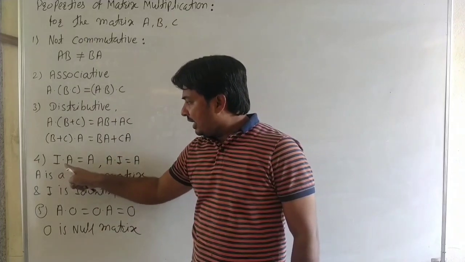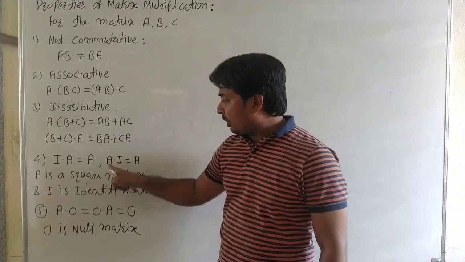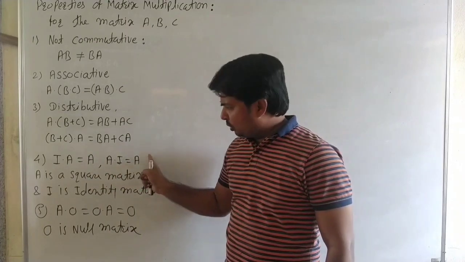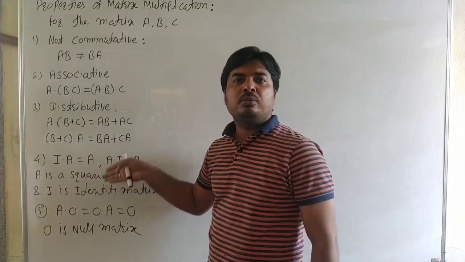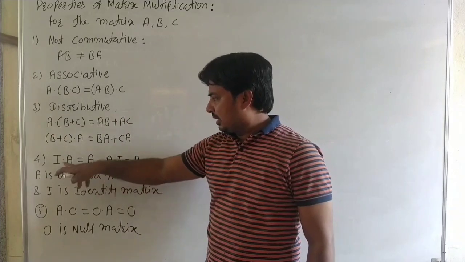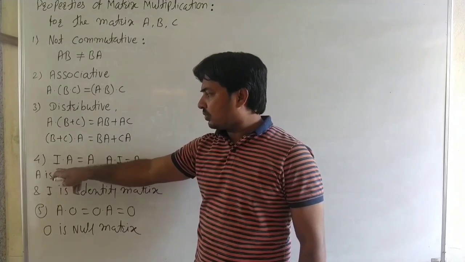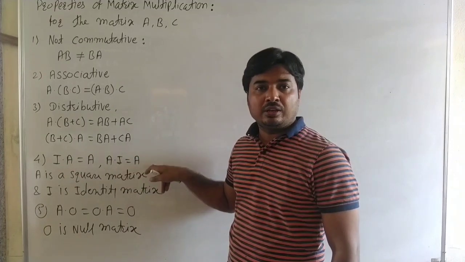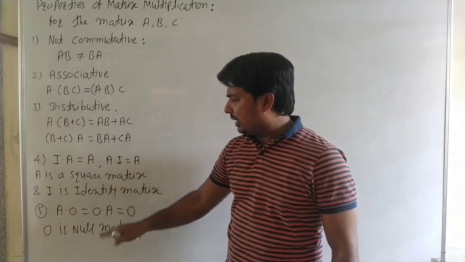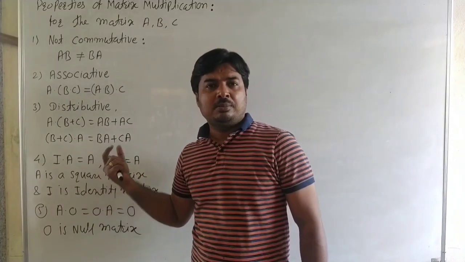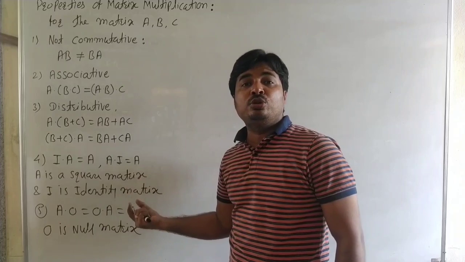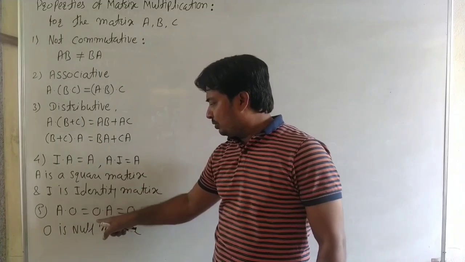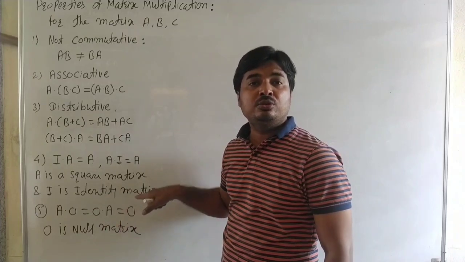Here I into A is equal to A, or A into I is equal to A. And A into 0, where 0 is the zero matrix, then A into 0 is equal to 0 or 0 into A is equal to 0.